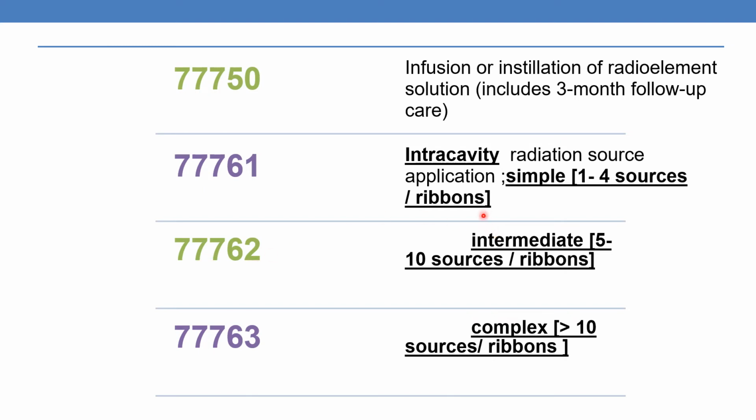This is intracavitary radiation source application intermediate. The space indicates that the description is incomplete and you must look for the complete description. Intermediate means 5 to 10 sources or ribbons are used. The next code is 77763. It is intracavitary radiation source application complex. That is greater than 10 sources or ribbons are used.